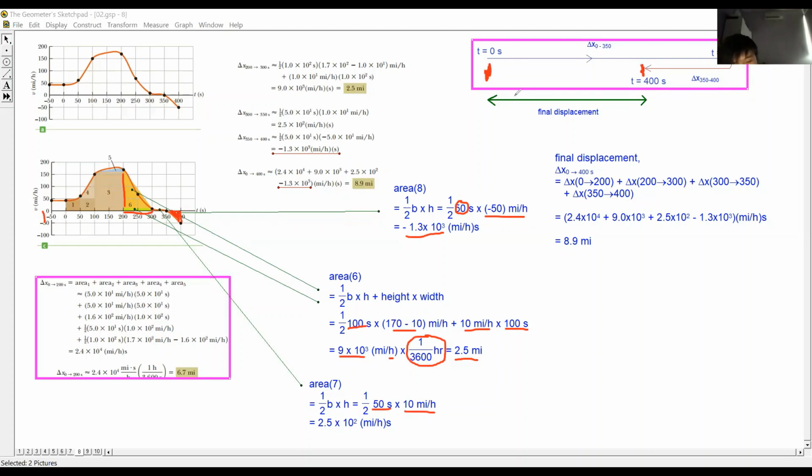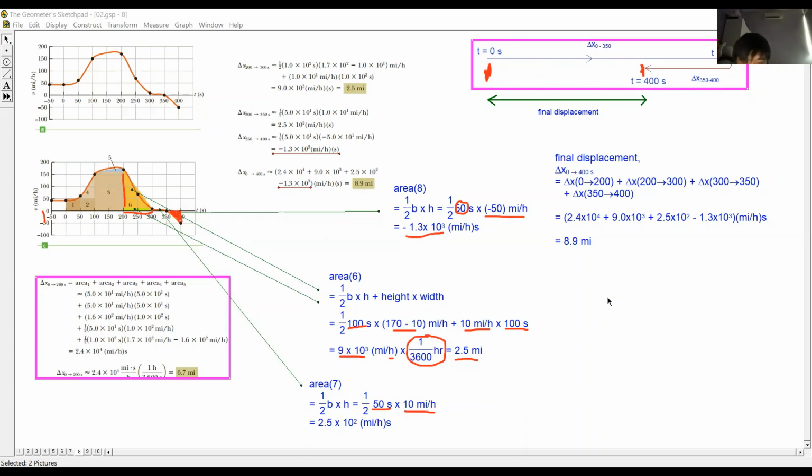So this length here is the final displacement. So how to get this green color? You have to take the full length from 0 to 350, then minus the distance that you move backward, and you will get the final position. How far is it from the starting position? It's given by the green line.